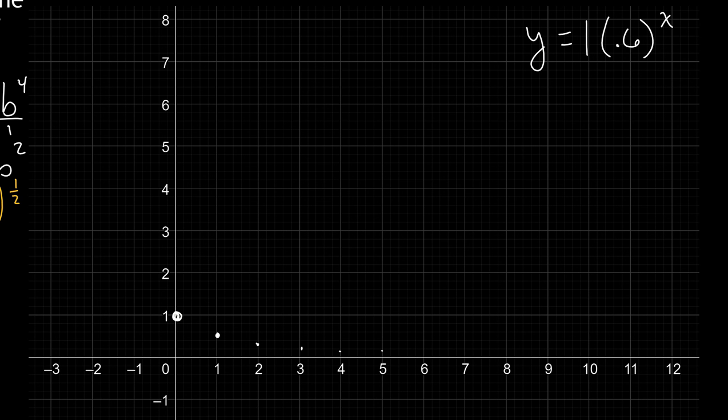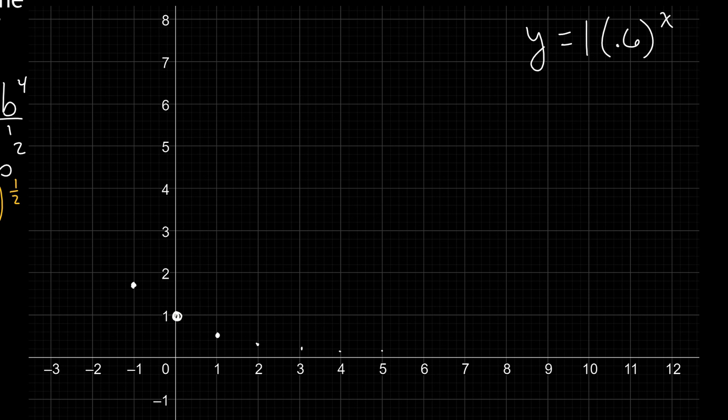Let's go the other direction a little bit. Let's take a negative 1. If I take 1 times 0.6 to the negative 1 power, that gives me 1 2/3, which is about like here. And if I plugged in negative 2, and yes, I am using a calculator here, that would give me 2.77.